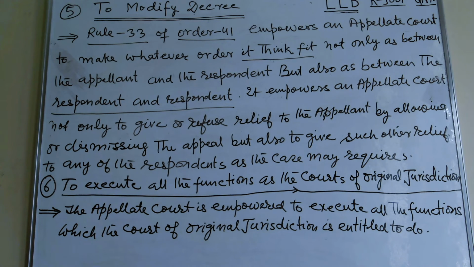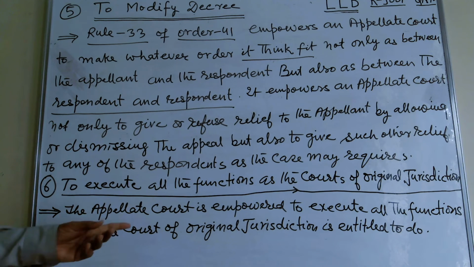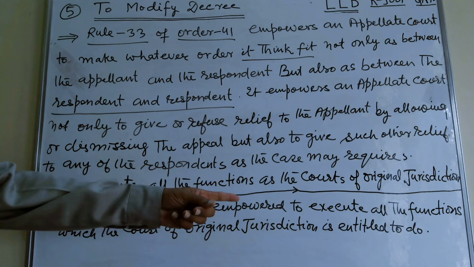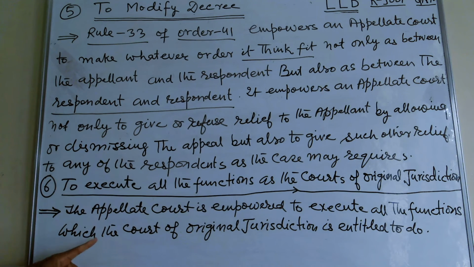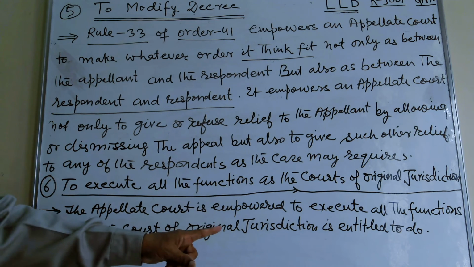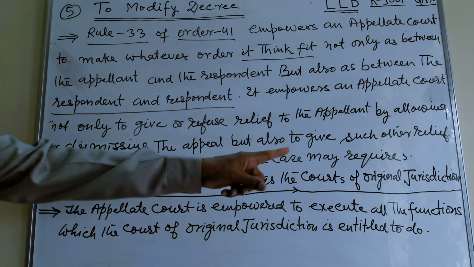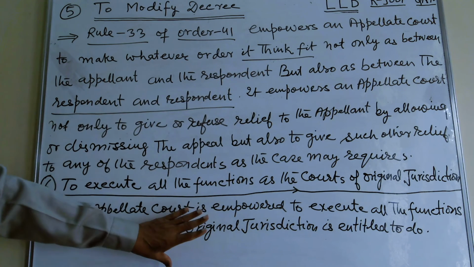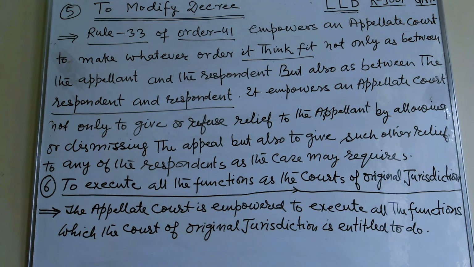An appellate court can execute all the functions of the courts of original jurisdiction. The appellate court is empowered to execute all the functions which the court of original jurisdiction is entitled to do. This is the sixth power given to the appellate court.